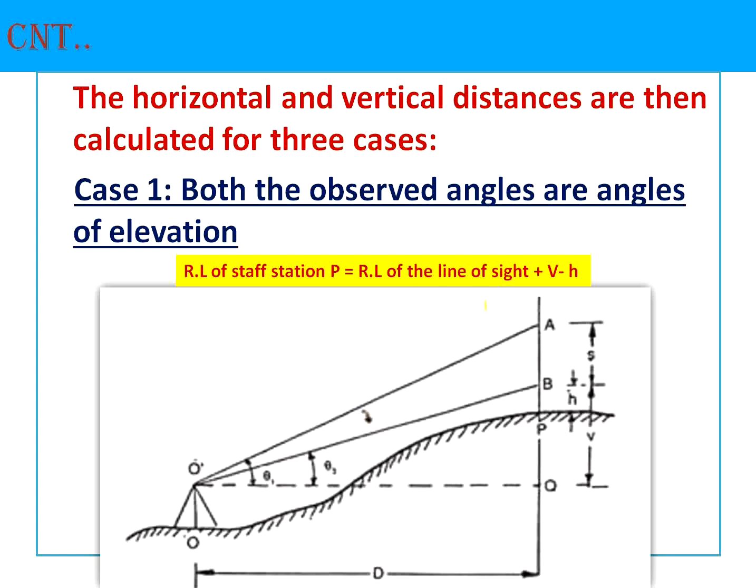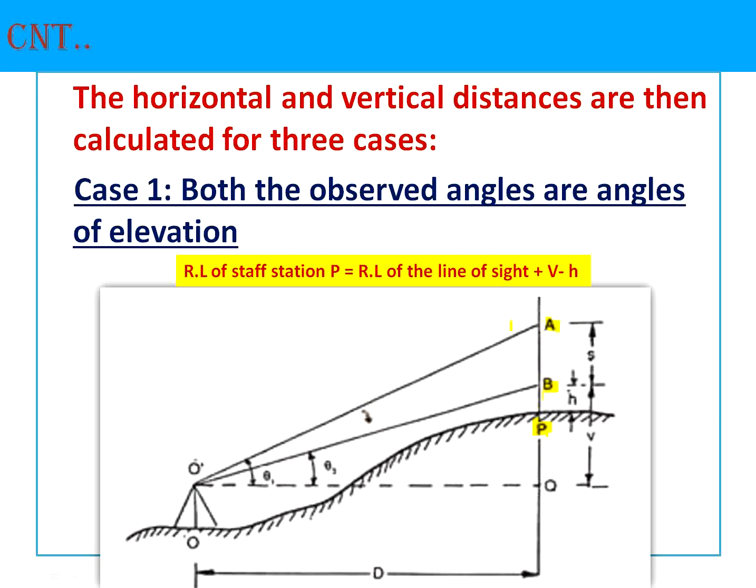You can see the staff station is represented by P here. Now, the RL of the staff station P can be obtained from this S, H and V. The vertical angles are taken to the targets held on the staff.